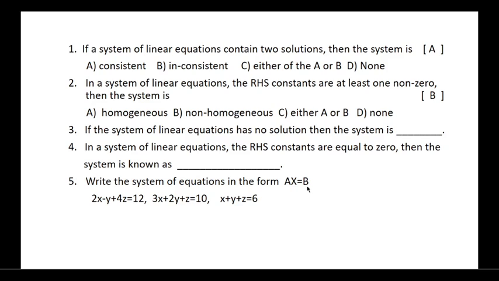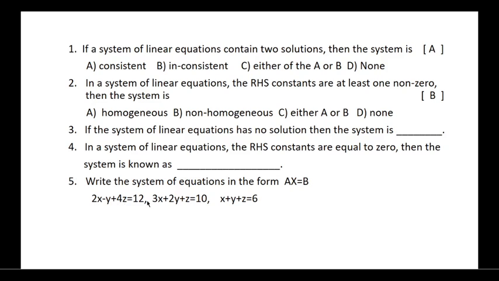So for this one, 2x minus y plus 4z equals 12, 3x plus 2y plus z equals 10, x plus y plus z equals 6. This one we can write in Ax = B form. The A matrix: the first row, coefficients 2, minus 1, 4.